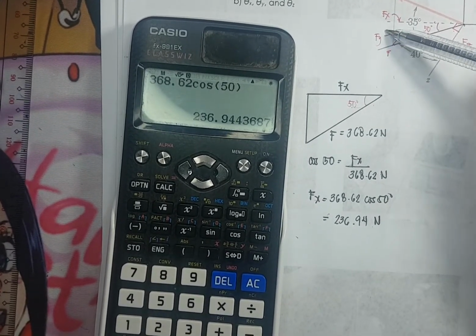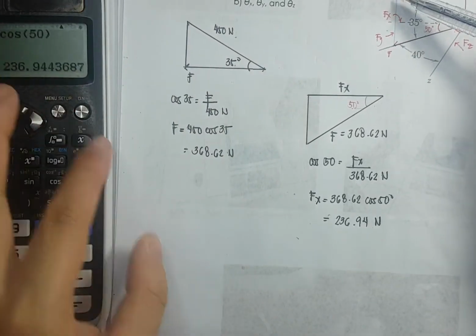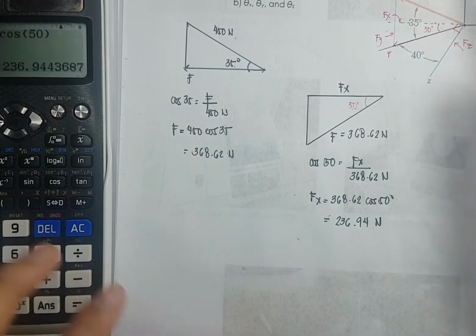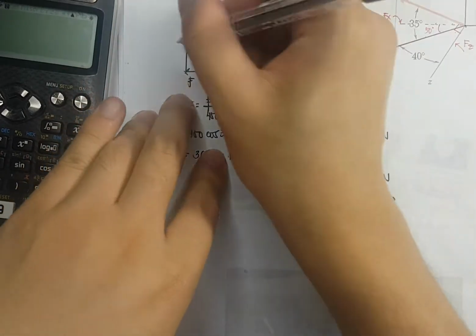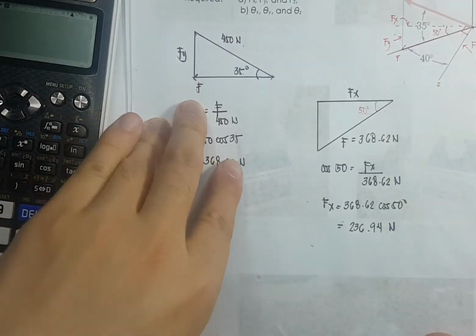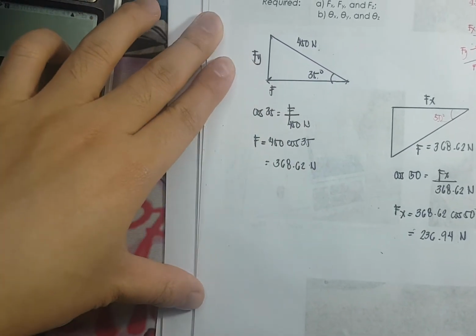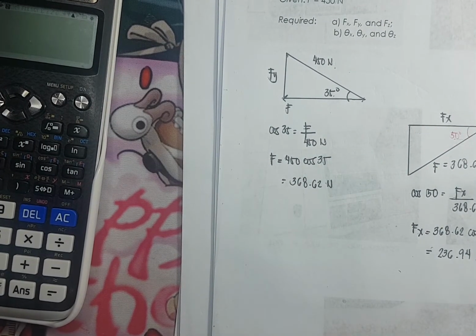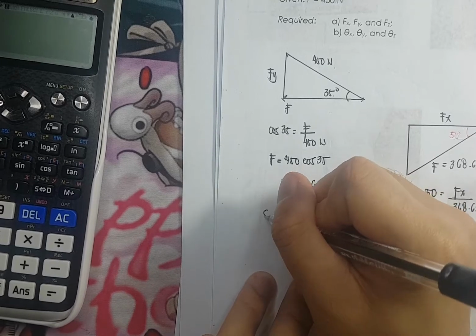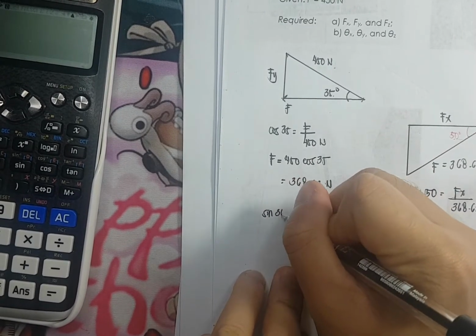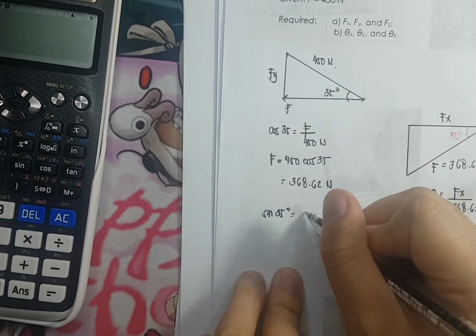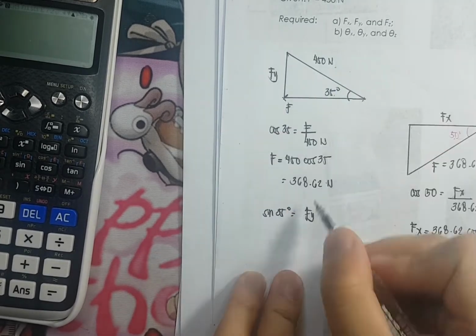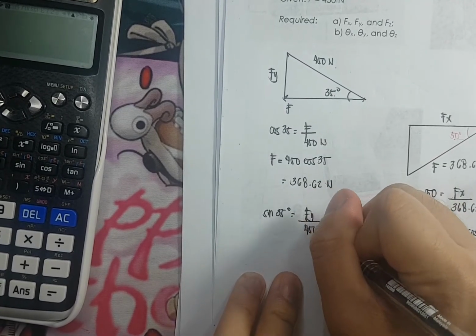Okay, then next would be f of y. For f of y, I am going to use this triangle. Itong triangle na to yung gagamitin natin. So that is this. So that is f of y. So that is simply a sine function. So sine 35 degrees is equivalent to Fy over 450 newtons.